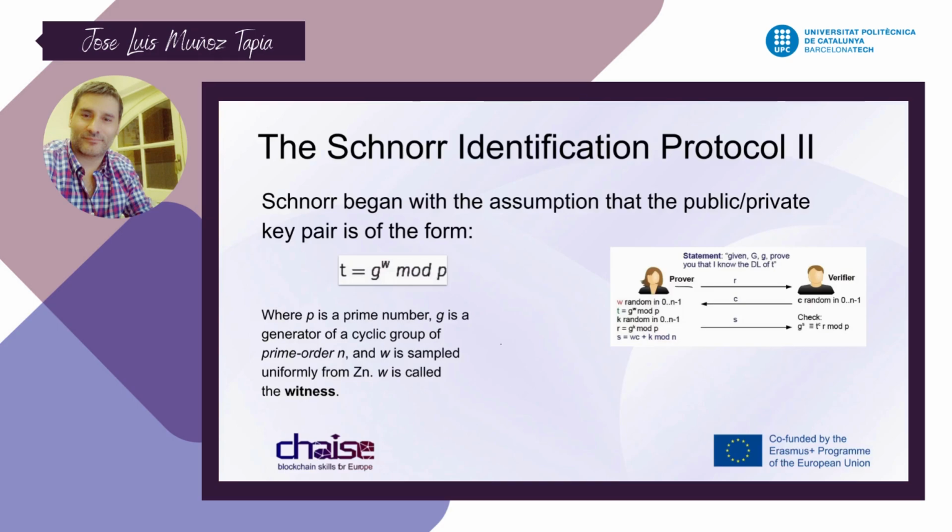How do I prove to you that I know W? The prover wants to prove that she knows W, but without revealing W, such that when you do G to W modulo P, this is T. T is public, but W is secret.